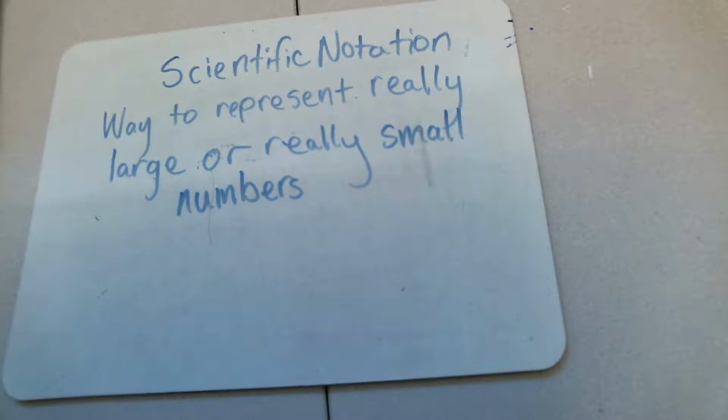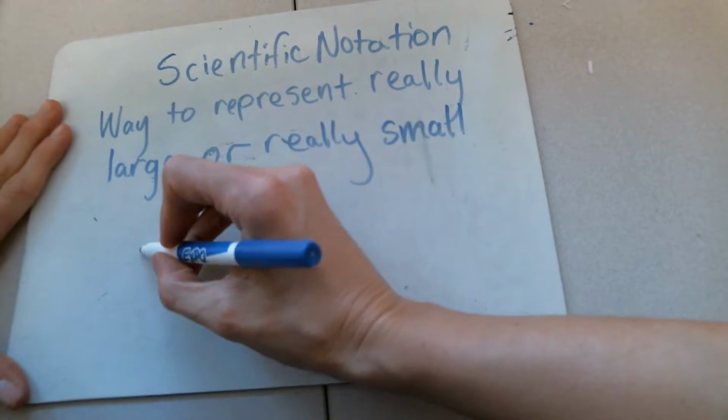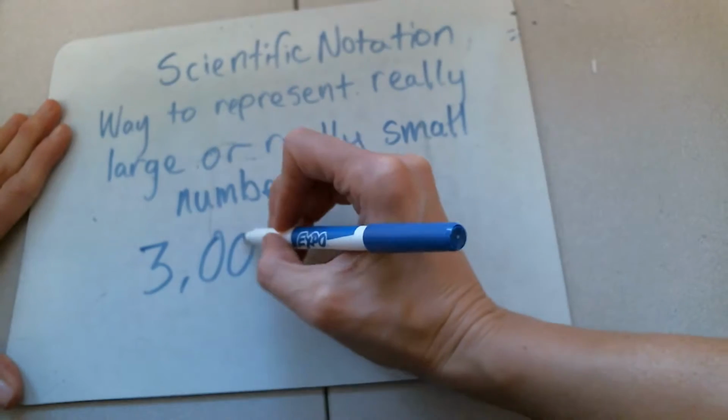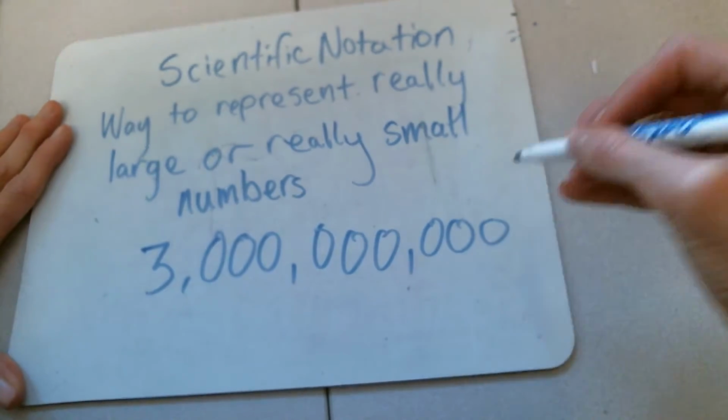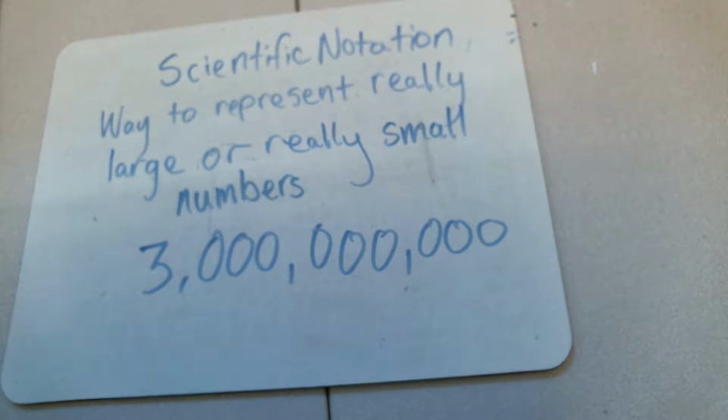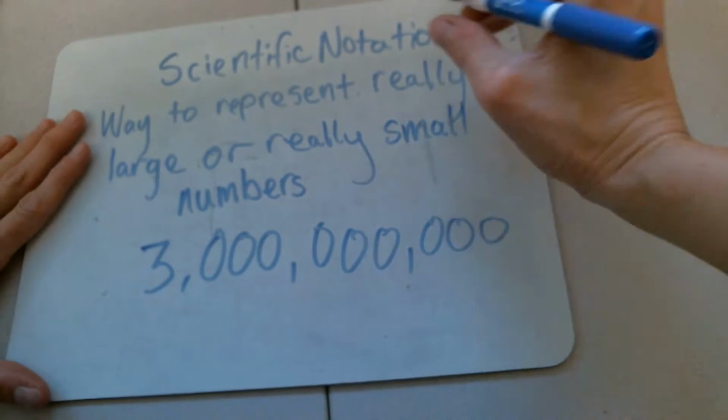So if I want to represent a number with many zeros after it, those zeros can be a problem to represent. Maybe it's hard to see how many zeros there are. Maybe it's just a lot of work. So typically in this situation, what we do is we use scientific notation. It's used a lot in the sciences.